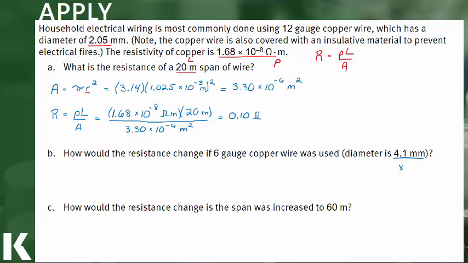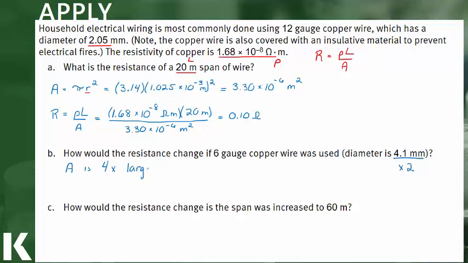So we've essentially doubled the diameter. Now, if we think about the area being pi r squared, if we double the diameter, that's the same as doubling the radius, which would give us 4 times the area. So area is 4 times larger.